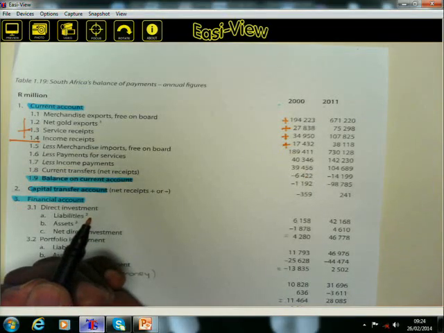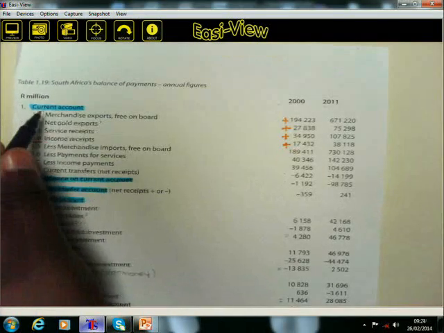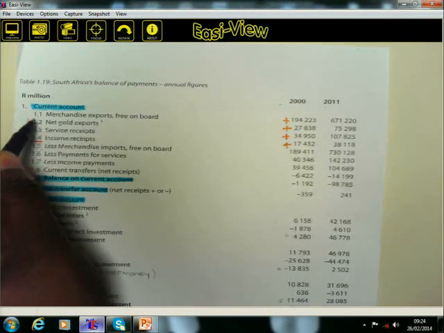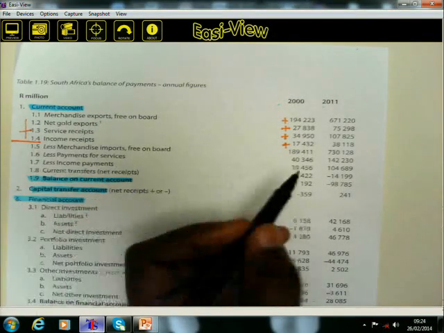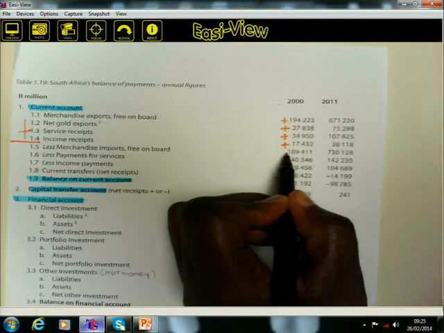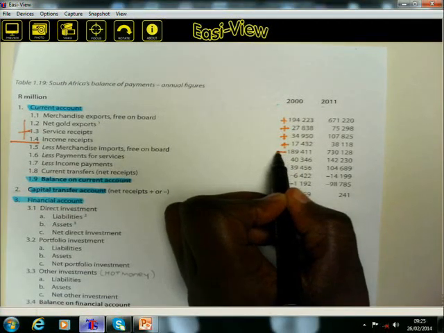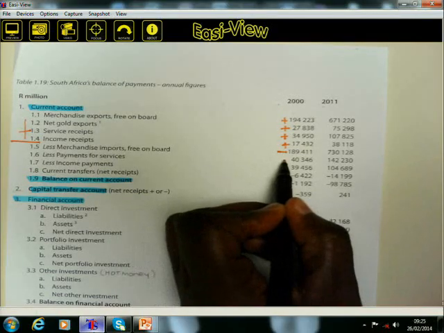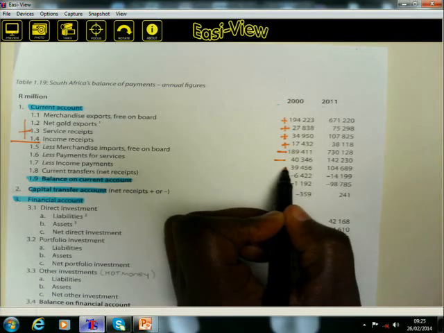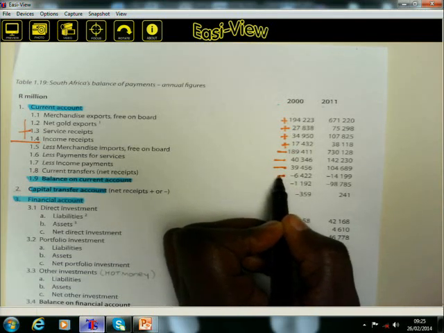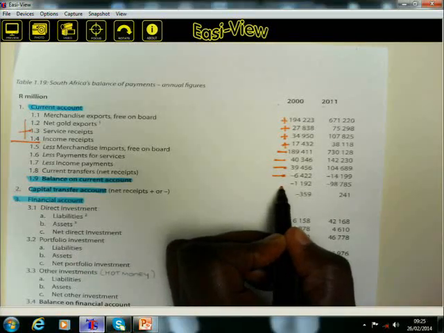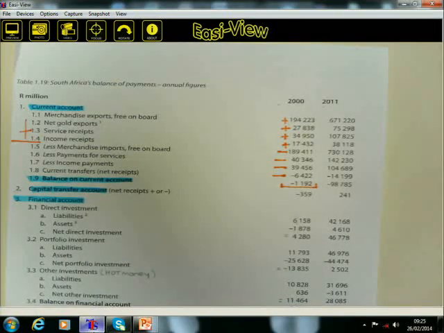It will give us, not the balance, sorry, the inflows into our country. Then we subtract the merchandise import, payment for services, income payment and current transfers. It will give us the answer, a balance on current account. That is how it should look.